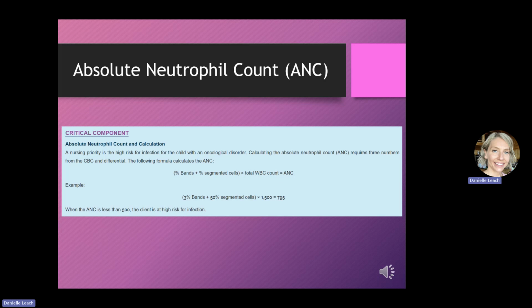So basically, they're more vulnerable to catching an infection. Usually, if a person's ANC comes back as less than 500, that means they are severely neutropenic, and that is when we would initiate neutropenic precautions.